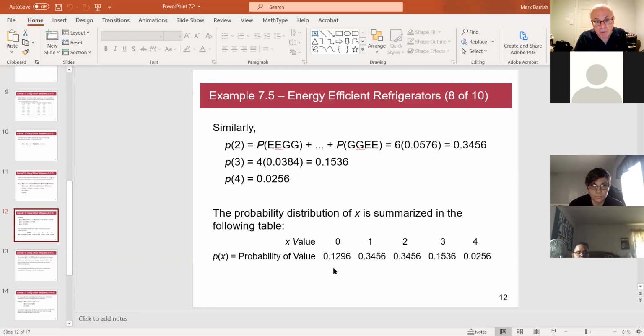All right, that's important. Now, in this case, if I look at this table and I ask the following question: what's the probability that if we select 4 customers at random that walk into the store, less than 2 of them will select an energy efficient refrigerator? So 4 customers walk into the store, they want to buy a refrigerator.